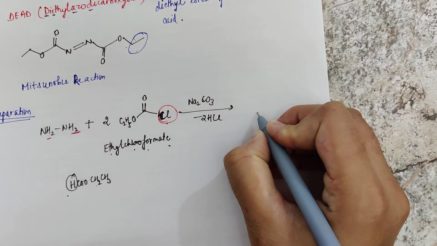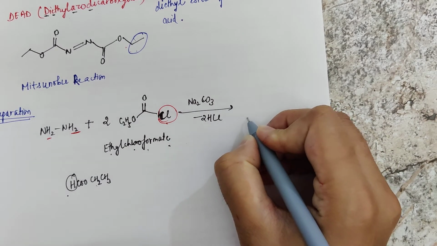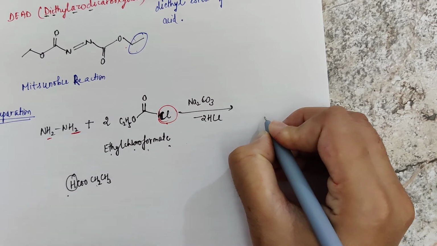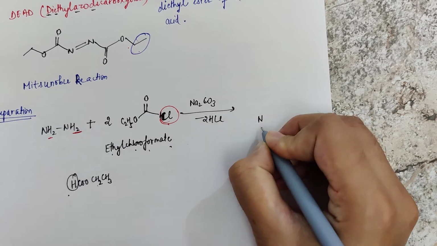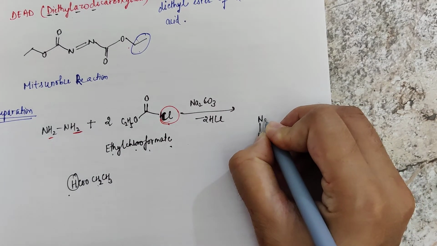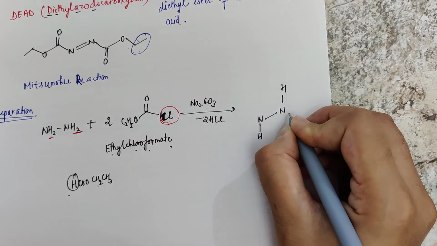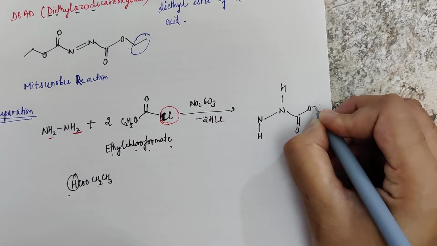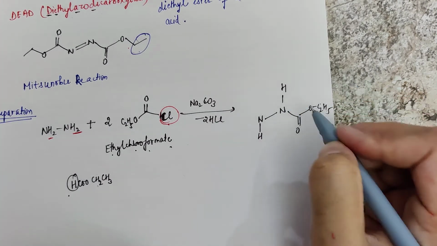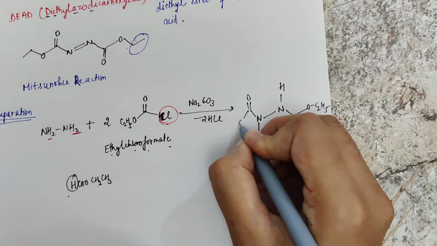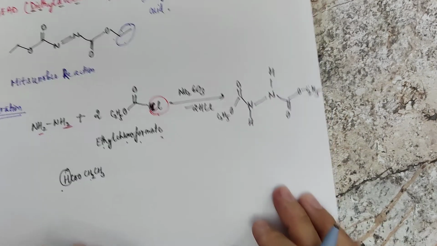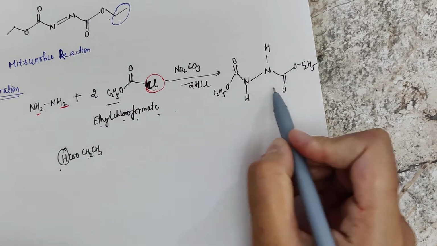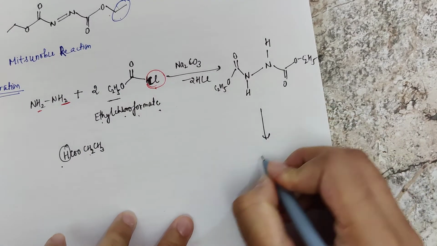On one side we have C2H5. Similarly, on the other side we have C2H5. So this is where you have ethyl group. So you will be obtaining DEAD as the product.